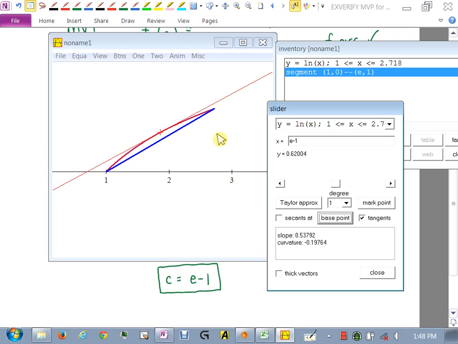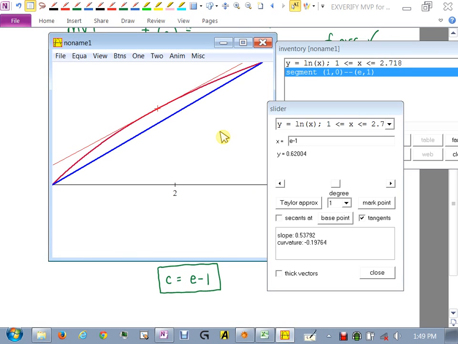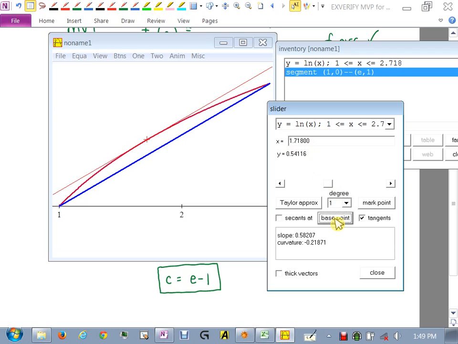Doesn't look right to me. It looks like there's a bigger gap down here than there is down here. Let me change this to 1.718. That better? Yeah. Okay. Let me try e minus 1 again.